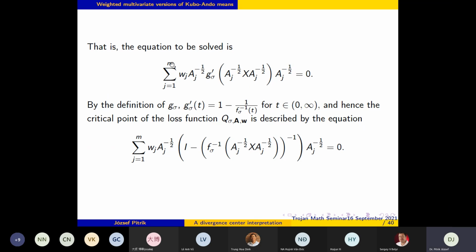That is, the equation to be solved can be written in this form. But we know by the definition of G sigma that it can be written equivalently in this disgusting form. I'm sorry. So it can be regarded as a generalized Karcher equation for this problem.